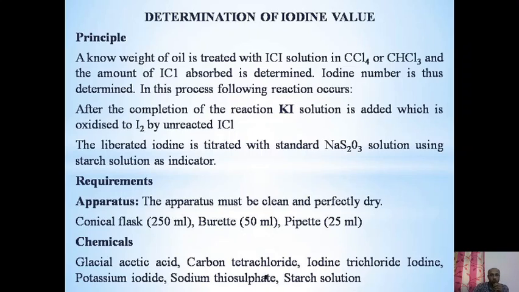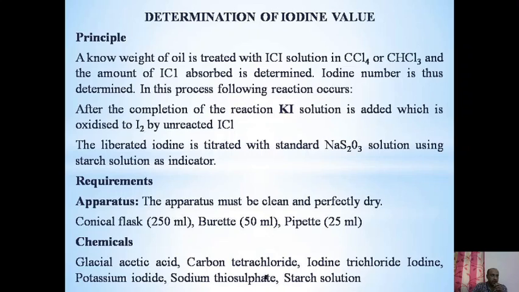A known weight of oil is treated with ICl solution in carbon tetrachloride or chloroform, and the amount of ICl absorbed is determined. In this process, the chemical reaction associated with this analysis involves formation of a diiodoalkane.